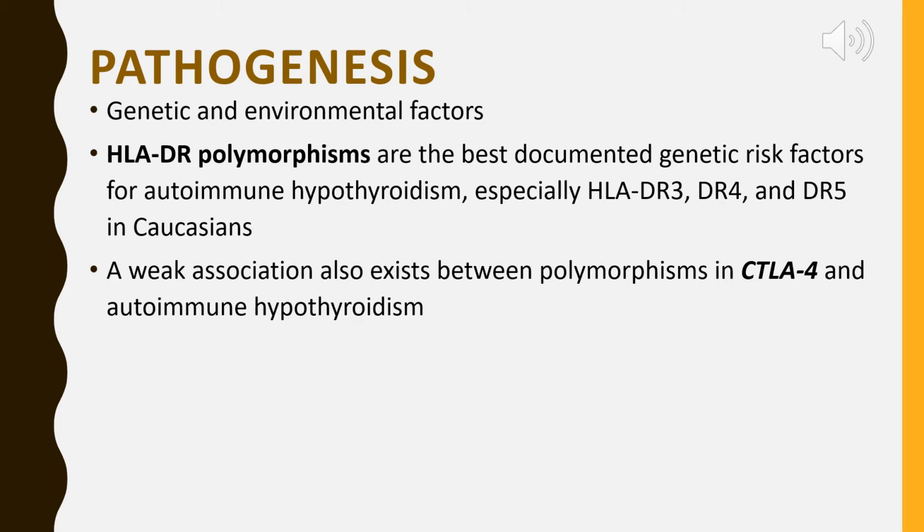A weak association also exists between polymorphism in CTLA4 and autoimmune hypothyroidism. Both of these genetic associations are shared by other autoimmune diseases, which may explain the relationship between autoimmune hypothyroidism and other autoimmune diseases, especially type 1 diabetes, Addison's disease, pernicious anemia, and vitiligo.